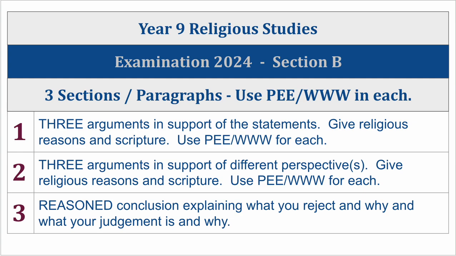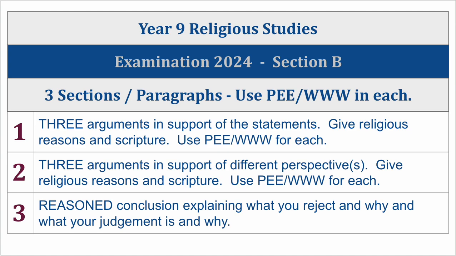Section B then. This is divided up into 3 sections, or 3 longer paragraphs, if you like. The first paragraph is giving 3 arguments in support of the statement, with religious reasons why someone would believe this thing and scriptural backing.